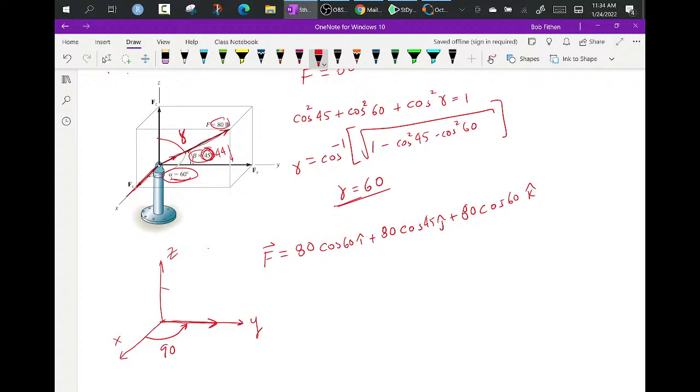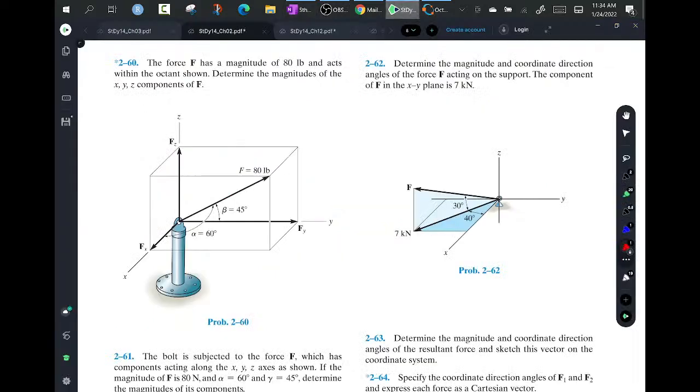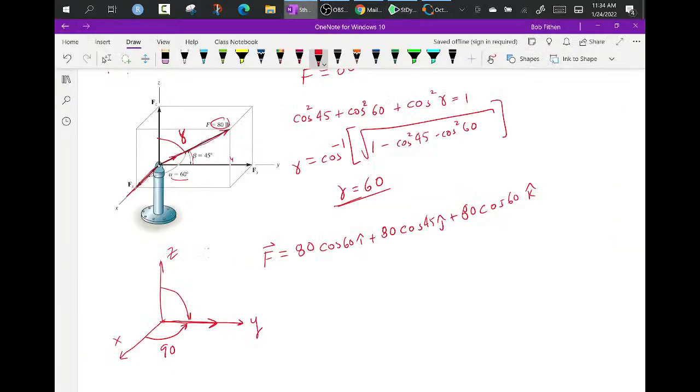If that were 90 and this were not, this would have to be 90 as well. So you can't just arbitrarily change these things. The three angles are all interrelated, through that equation that's back up in the page. There is a relationship between alpha, beta, and gamma.